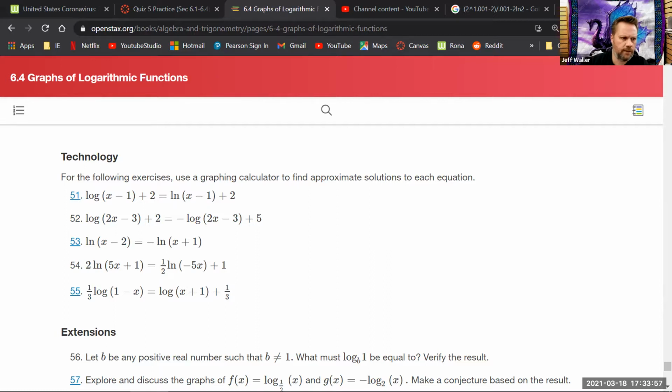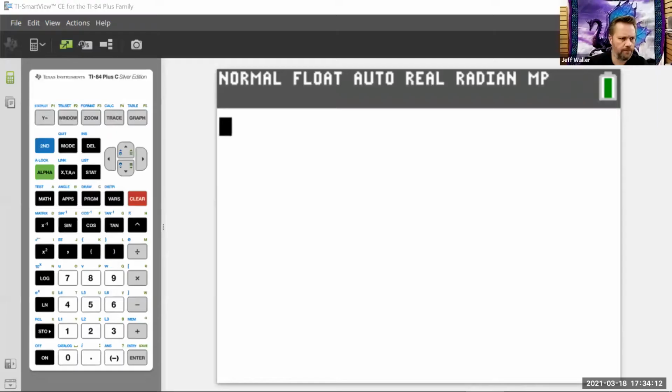So let's look at the calculator. We'll make a different equation here. Let me see, where is it safe to write here? All right, so let's make another equation real quick. I'll write it up here.